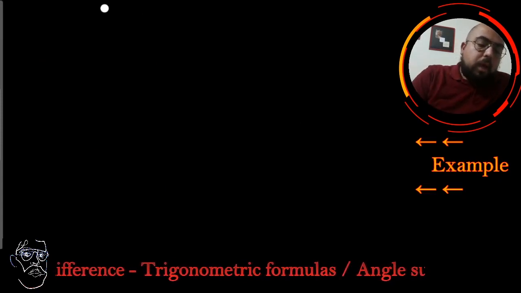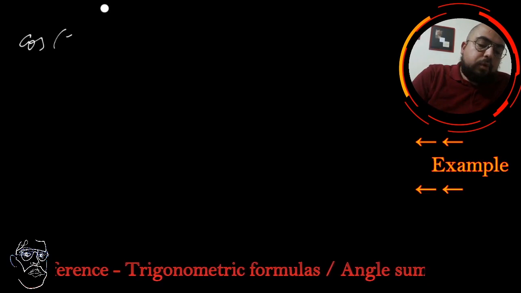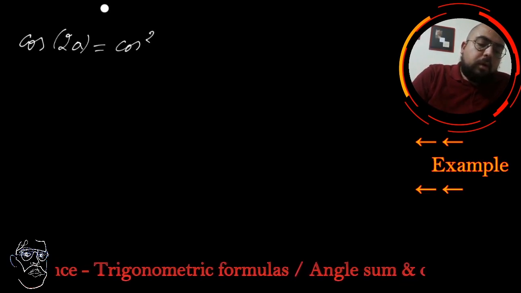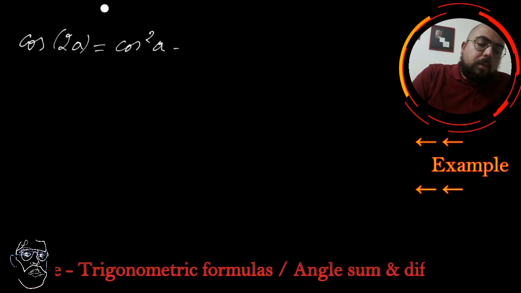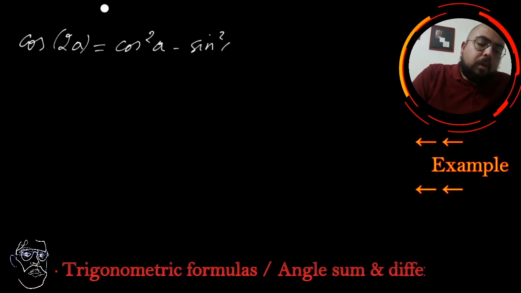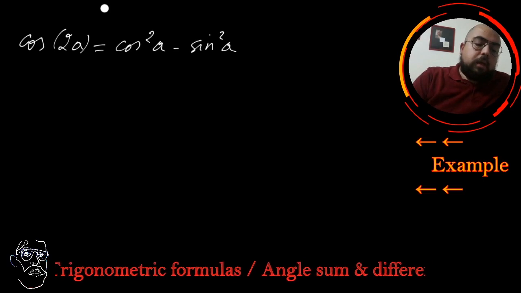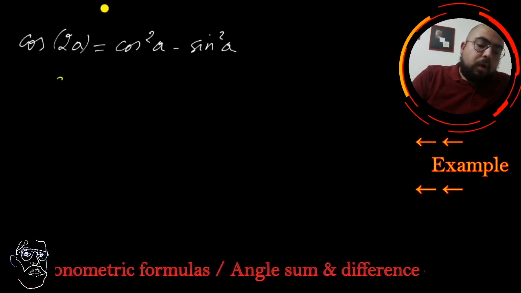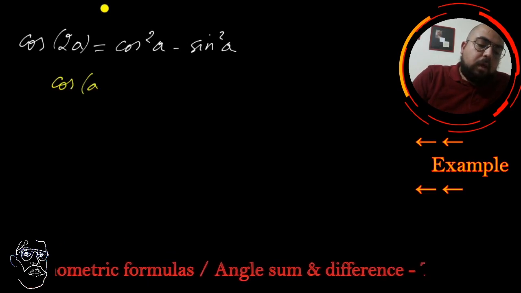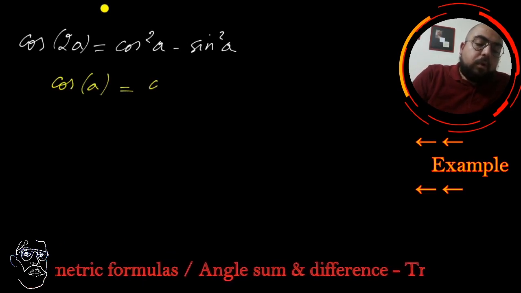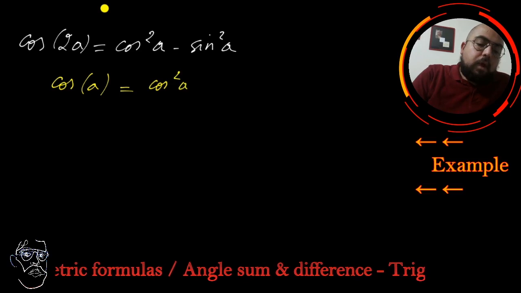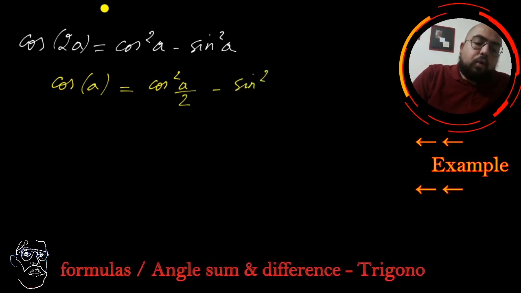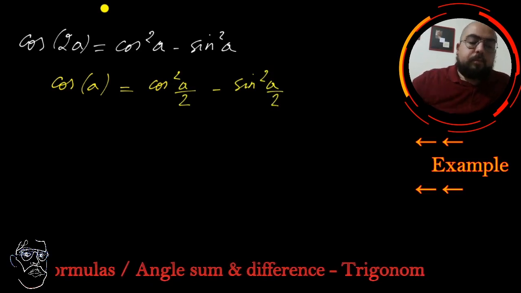So let's say we had cosine of 2a, which was equal to cosine squared a minus sine squared a. From this formula I can deduce that instead of 2a, if it was cosine a, your formula will be cosine squared of a over 2 minus sine squared of a over 2.